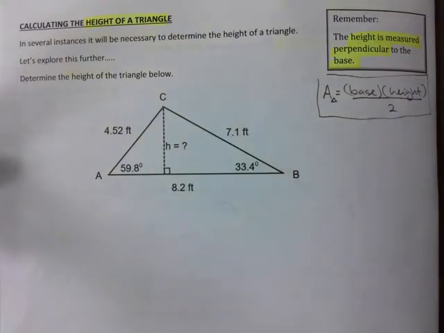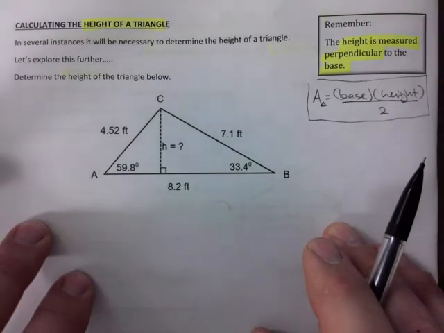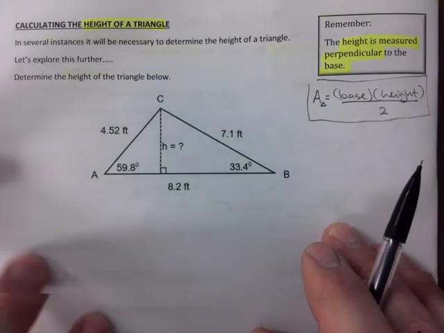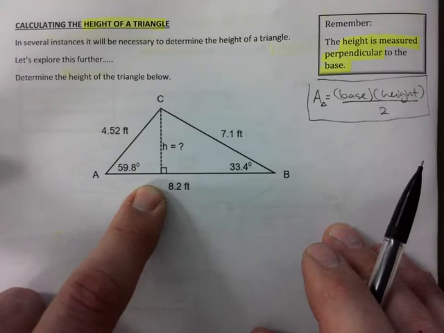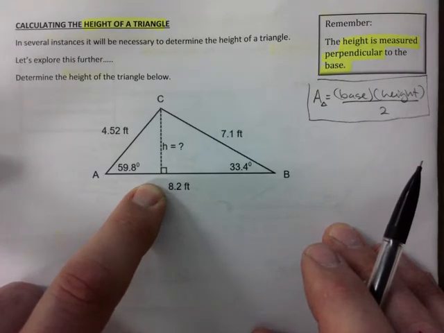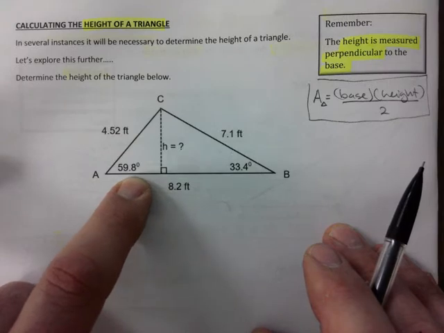It could be depth, like if you're looking for the depth of a treasure underneath the surface. That would be depth, but it's still the height of the triangle if you think about it. It's just flipped upside down. Okay? So watch this. Hopefully this will make sense to you in this case.